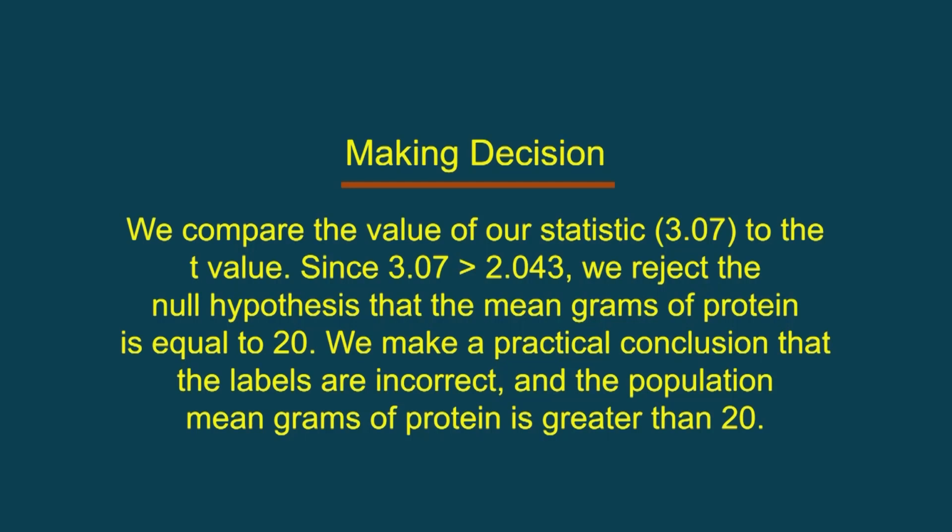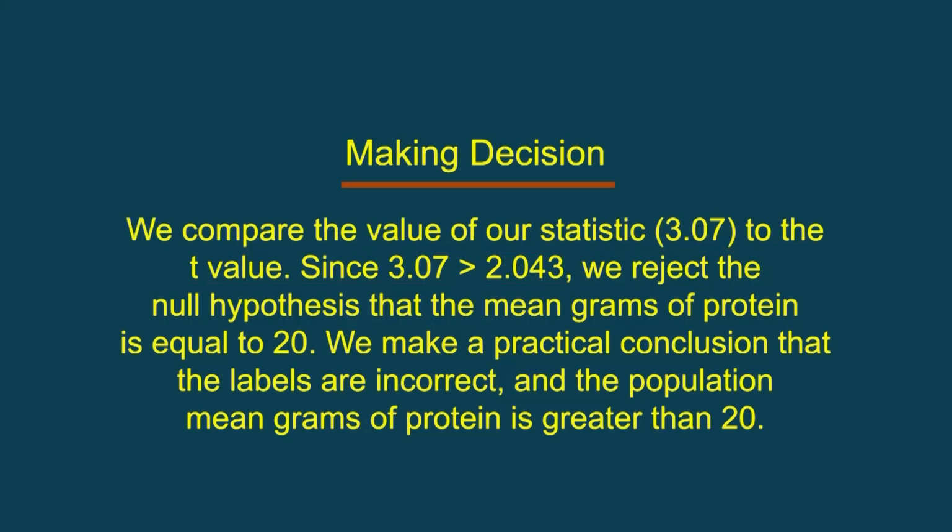We now compare the value of our test statistic with this critical value. So if you recall, the value of our test statistic was 3.07, while the critical value is plus minus 2.043. Now you see, our test statistic value is positive, so we will compare with plus 2.043. So 3.07 is obviously greater than 2.043.